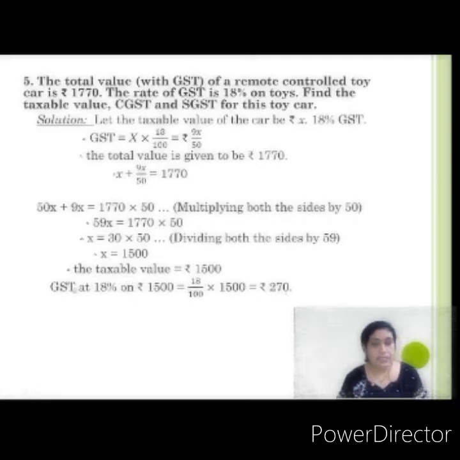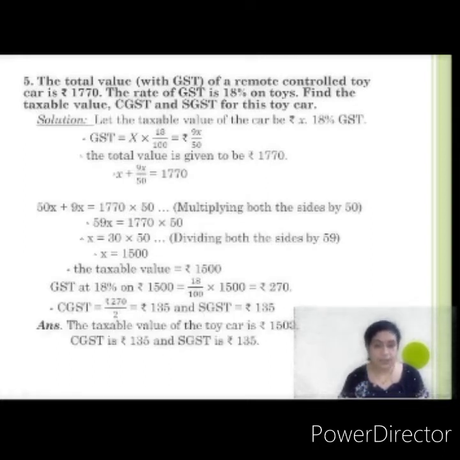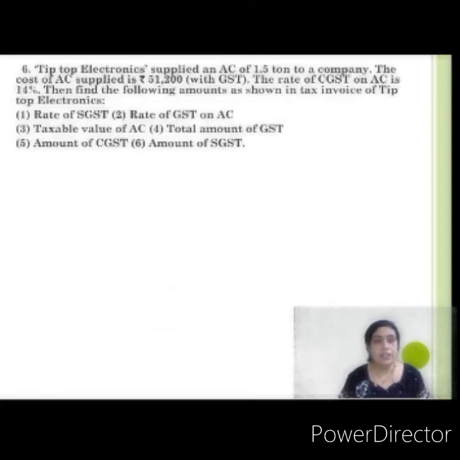Now that is GST, so what will be SGST and CGST? Half of 270, that is 135 rupees. So CGST is 135 rupees and SGST is 135 rupees. So the answer: the taxable value of the toy car is rupees 1500, CGST is 135 rupees, and SGST is 135 rupees. Okay. Let's proceed further.